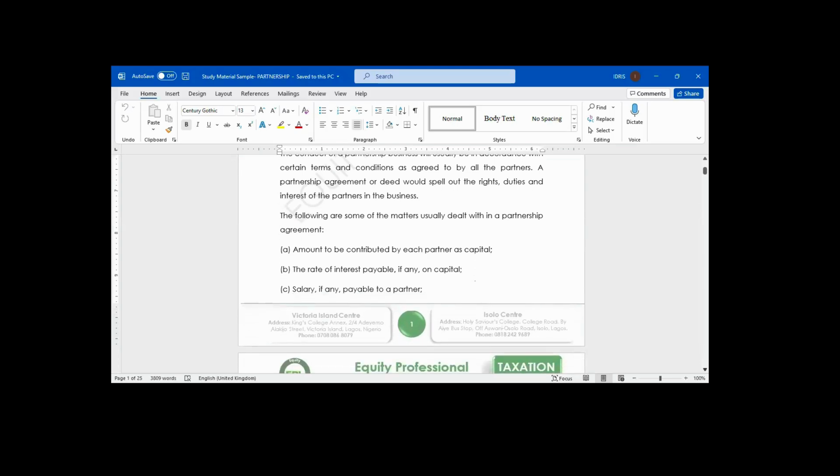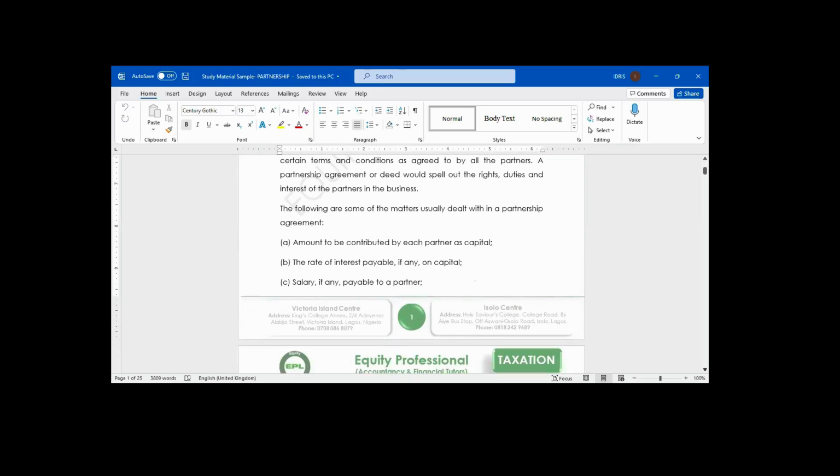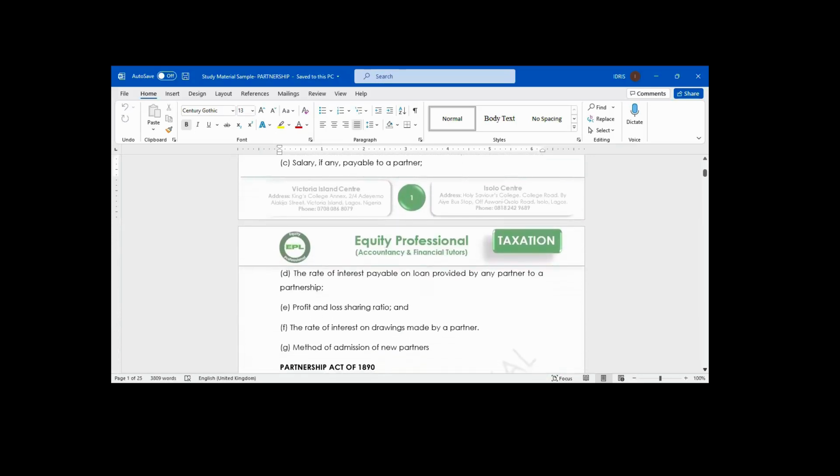What are the contents of partnership deed? The amount of capital to be contributed by each partner is part of the content of partnership deed. The rate of interest on capital is also part of the partnership deed. The partnership salary, the salary paid to any partner, is also part of it. The rate of interest on loan is also part of the partnership deed.